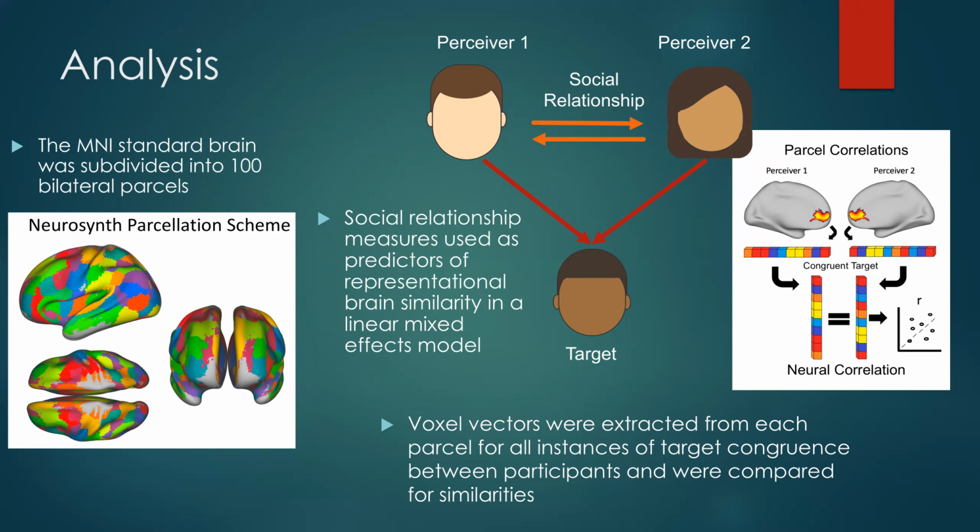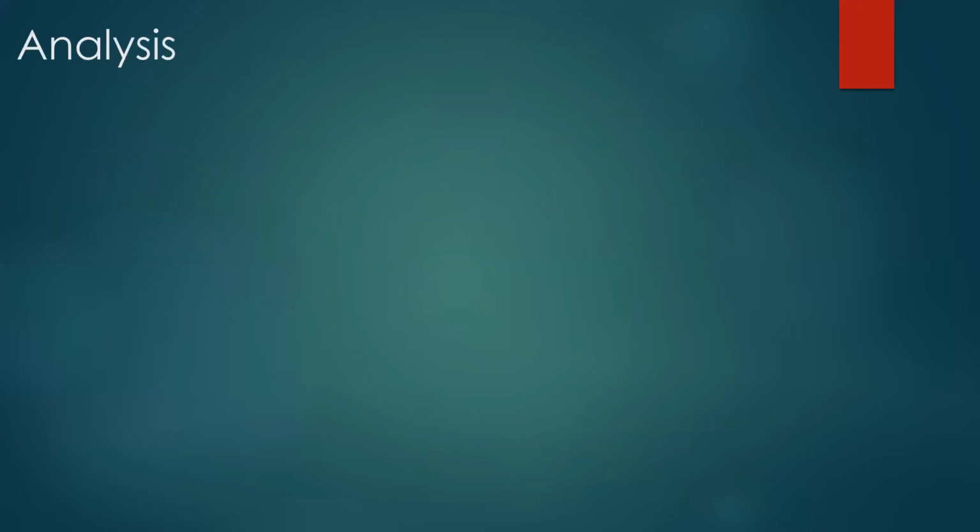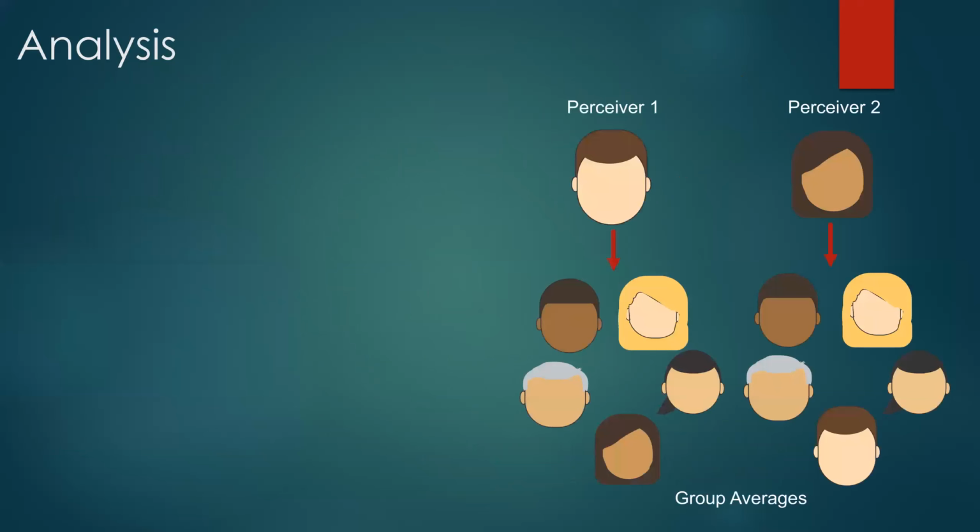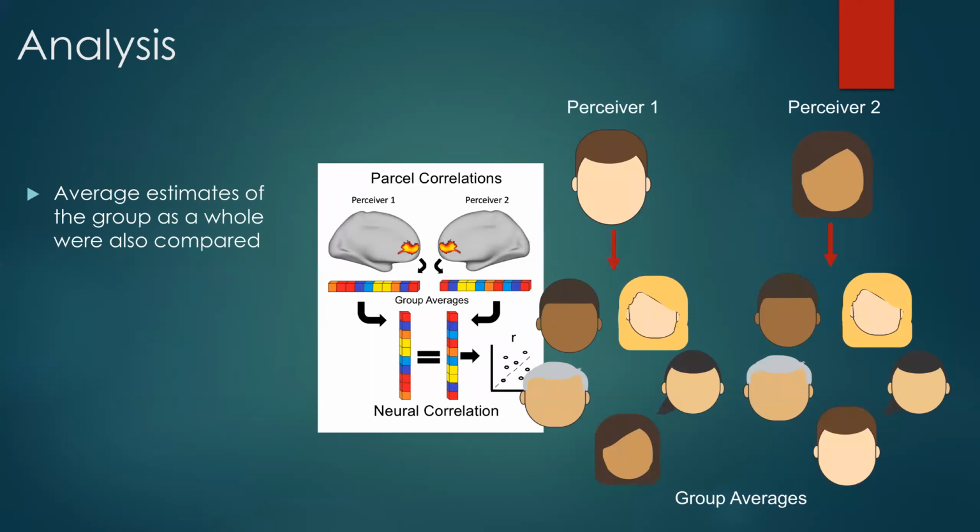But we weren't just interested in cases of target congruence or cases where 2 perceivers were thinking about the same person. We were also interested in the representations that these perceivers had of their group as a whole. So instead of just looking at an estimate of this perceiver thinking about one group member, we averaged the estimates that this perceiver had of each of their respective group members and had a voxel vector that represented that group average.